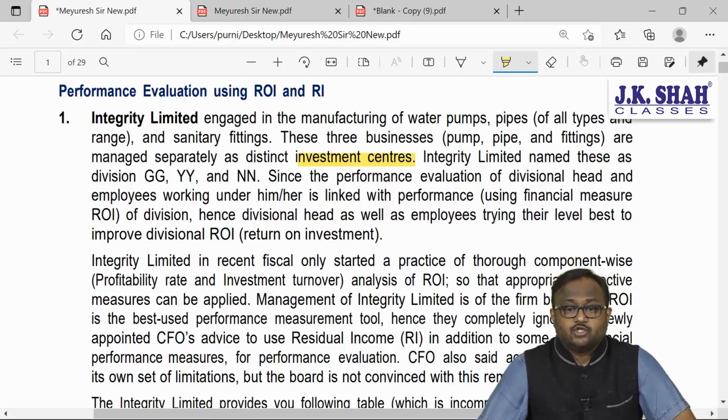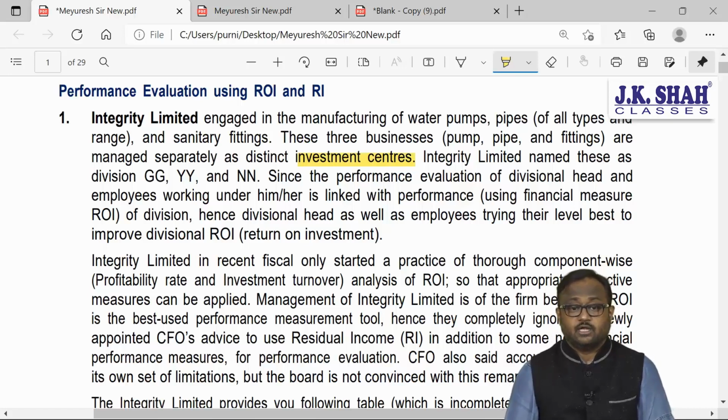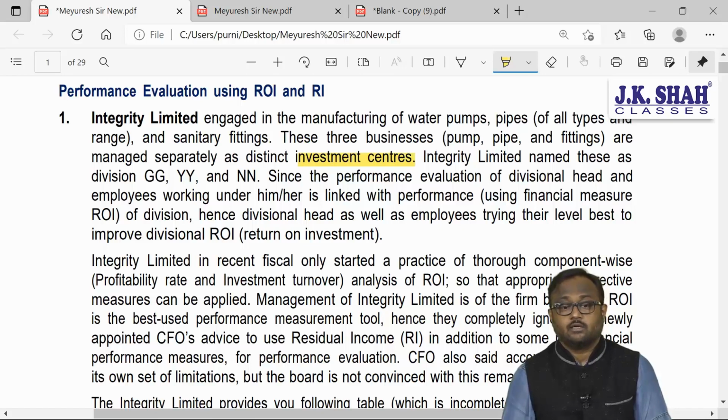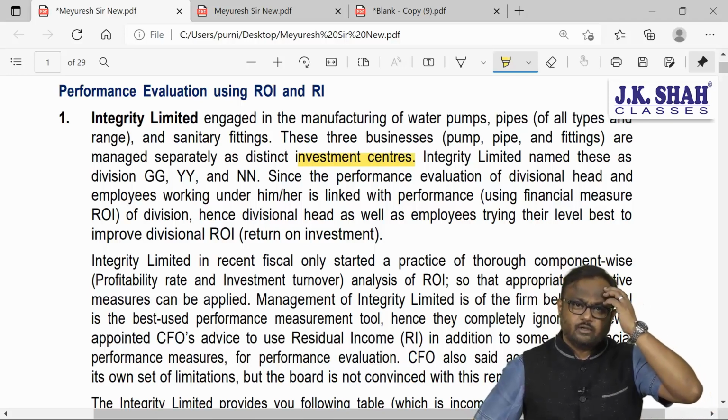Since the performance evaluation of the divisional head and employees working under him or her is linked with the performance using financial measures of the division, the divisional head as well as employees try their level best to improve divisional ROI, which is return on investment. Obviously, each manager, each person in charge, will be evaluated on the basis of the profit contributed by them. So ROI is the basis of evaluation.